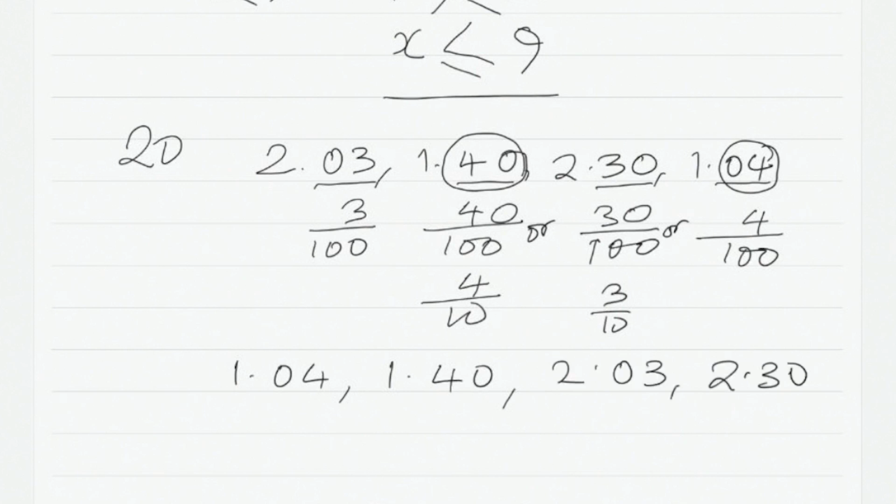So our answer is going to be A, which is 1.04, 1.40, 2.03, then ending up with 2.30 as the biggest decimal fraction.